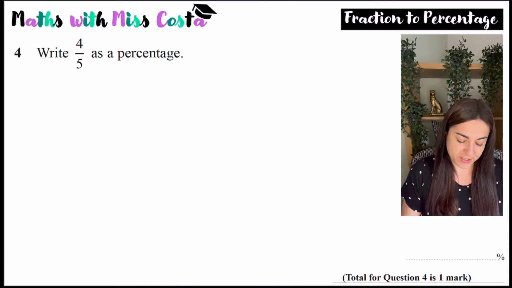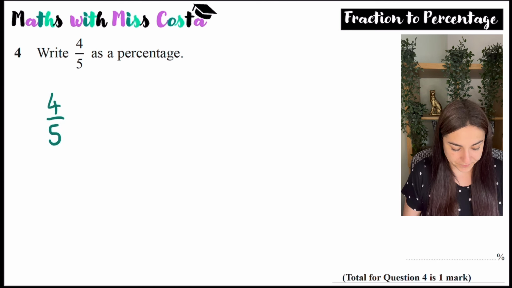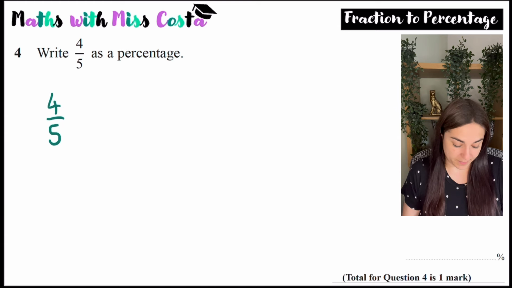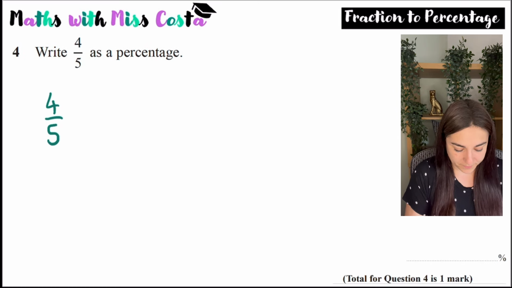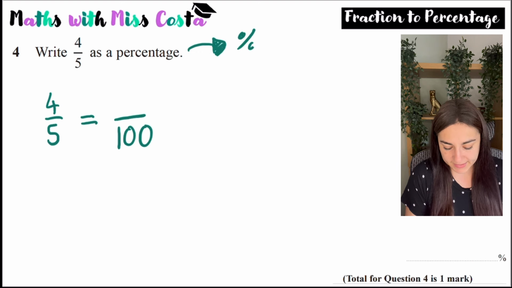So for the next question, I'm being asked to write 4 over 5 as a percentage. So there's a few ways to do this. Because this is a non-calculator paper, the best way probably would be to just make it an equivalent fraction out of 100, because percent means out of 100.